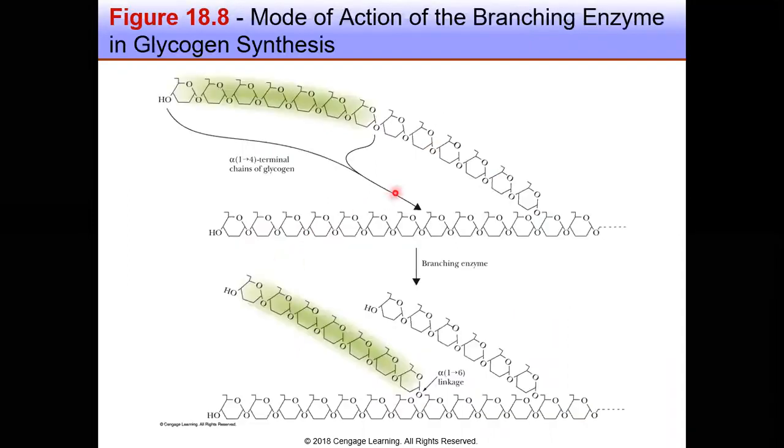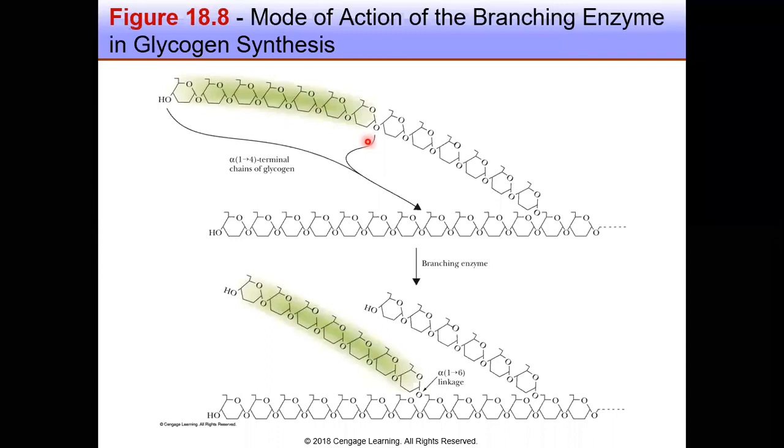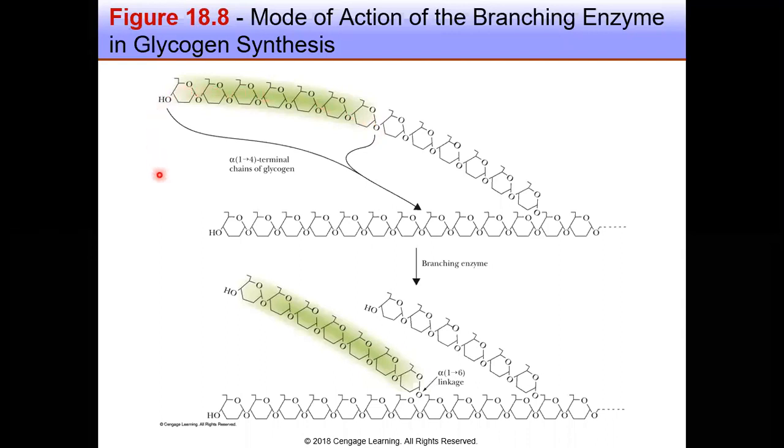Now, notice here the branching enzyme, what it does. Note that this enzyme has already catalyzed the breaking of alpha-1,4 here in the process of transferring the oligosaccharide segment. So breaking alpha-1,4, transferring this 7 glucose residues long from the end of one branch to another to form another branch.